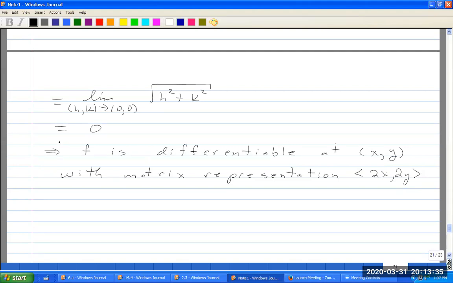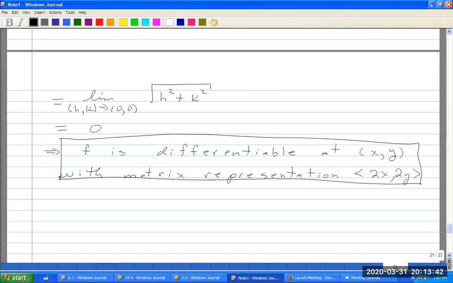And that's what I wanted to show, that it's differentiable.